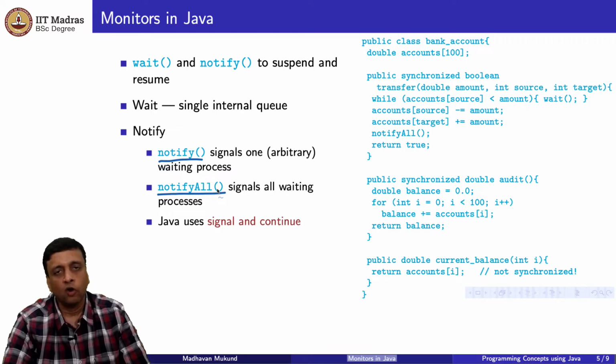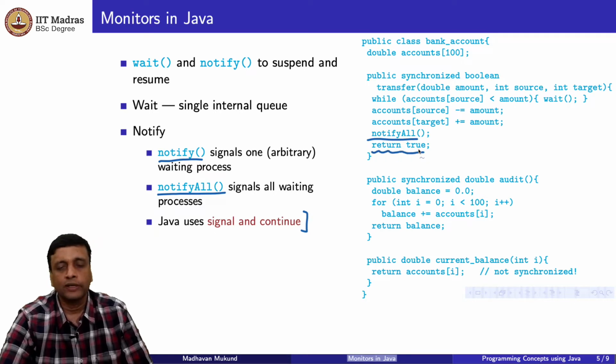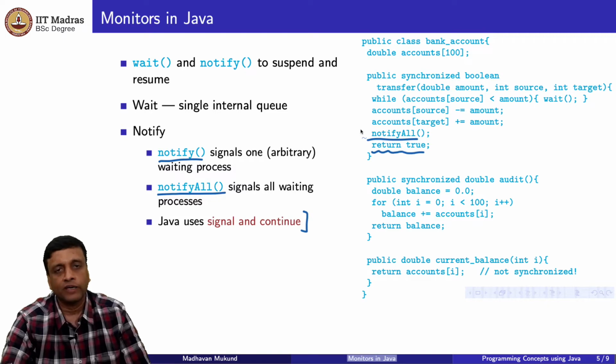If you say notify all, then all of them will get woken up, but of course only one of them will be scheduled by the scheduler, right? And Java uses this more natural thing that we discussed, signal and continue. So when I say notify all, of course here there is nothing more, it's only a return true, but if there had been more code, then this transfer that is notified will complete before anything wakes up.